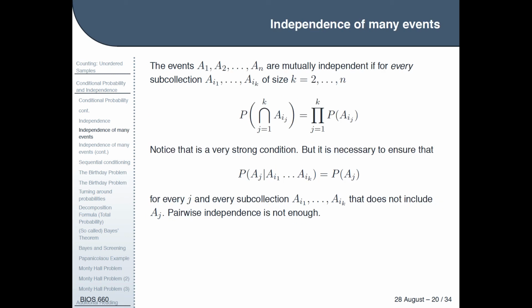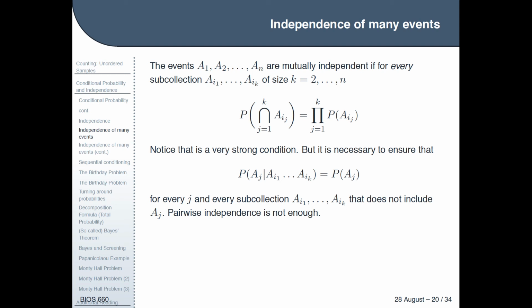And you can also talk about the independence of multiple events, that events A1 to AN are said to be mutually independent if every single possible subcollection of the events is independent. You take any pair of 2 events and they're independent, you take any set of 3 events or a set of 4 events or whatever, they're all independent.